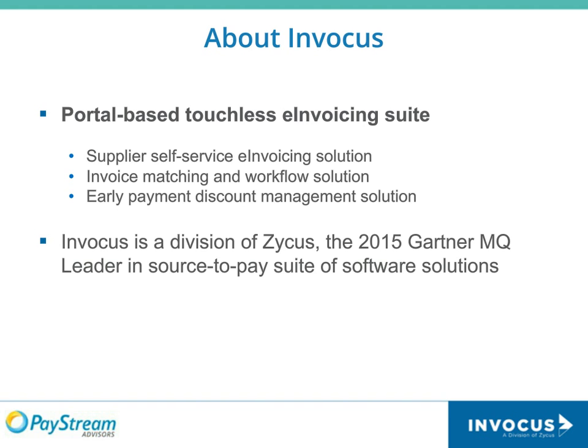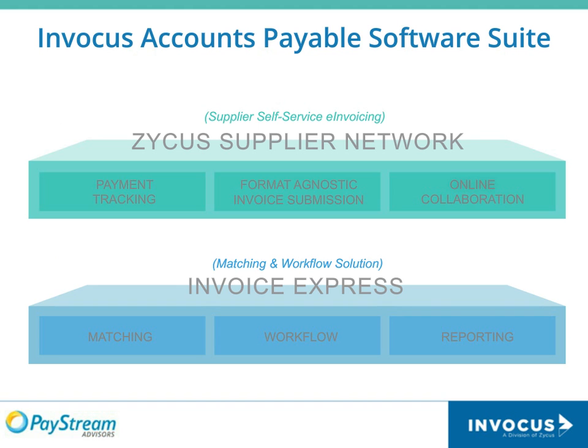Just to provide a little bit more of the specifics around the solution components of this suite. Really, if we look at the supplier network, that's the supplier-facing aspect of the portal, so it's accessible by suppliers on a self-service basis with no fees to participate. And once there, the suppliers have the ability to initiate electronic invoices using a variety of formats and really engaging through this portal interface at whatever their technological level of capability happens to be.